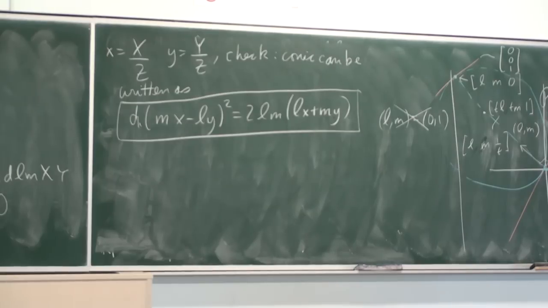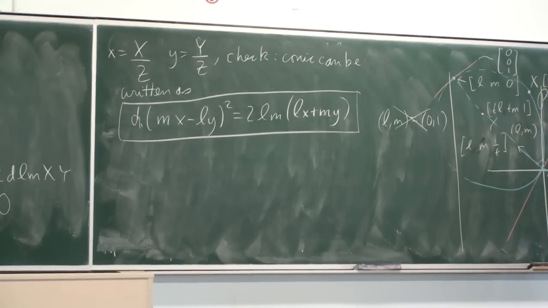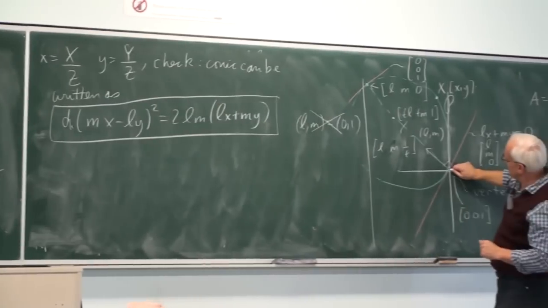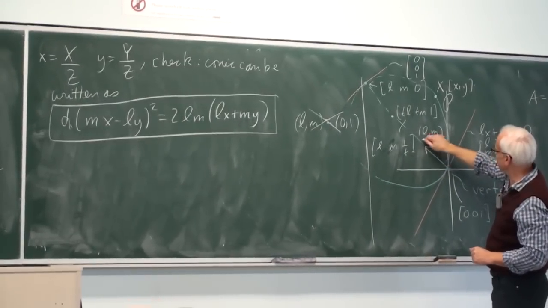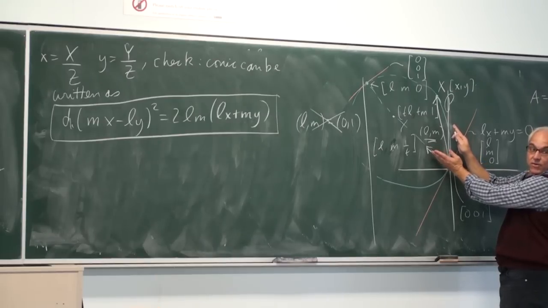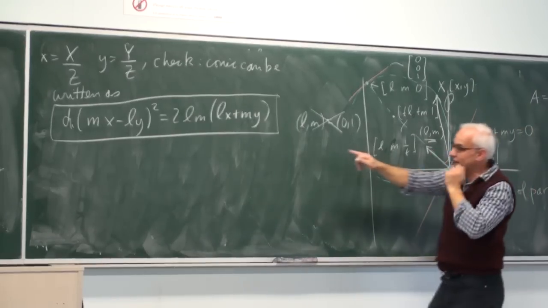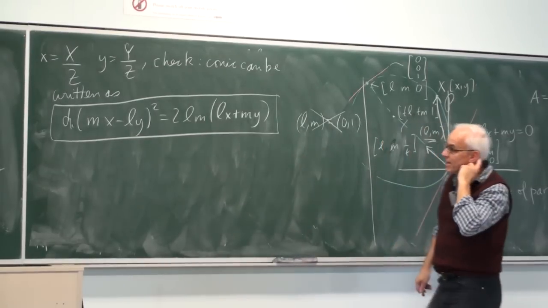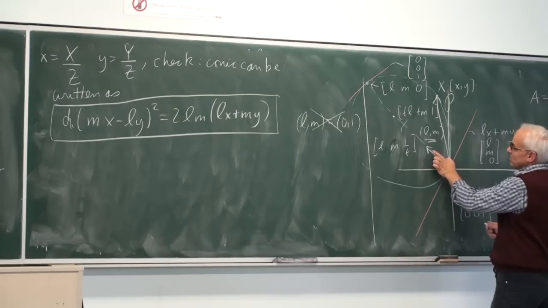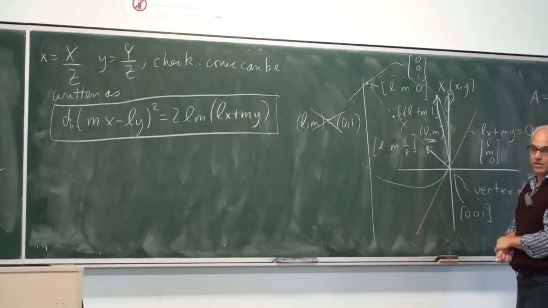I might say a little bit about the geometrical meaning here. If our point x on the parabola has coordinates x and y, then Lx plus My is really the dot product between the vector Lm and the vector xy. So the dot product between these two vectors is on the right-hand side. And on the left-hand side, this term mx minus Ly is really a determinant, formed by the two vectors Lm and xy, all squared.